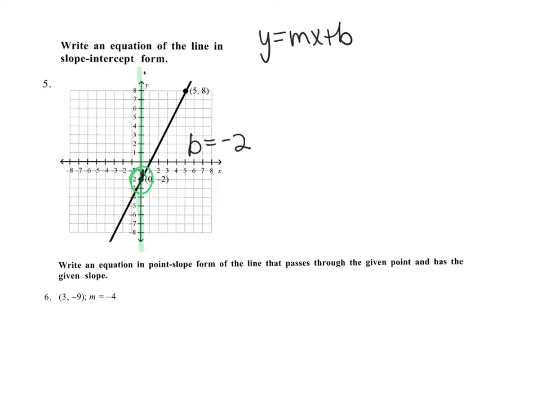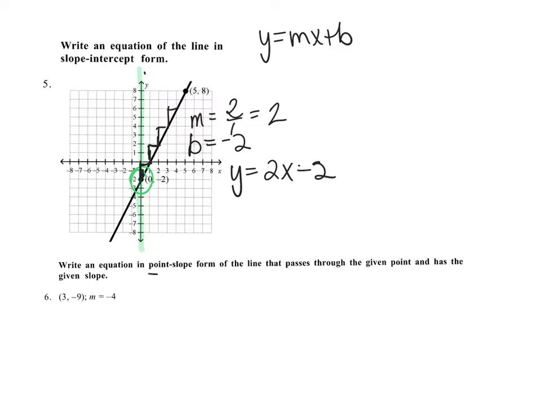Then we need to find the slope, so it's rise over run, and it looks to me like it's up 2 over 1, up 2 over 1, up 2 over 1, so m is 2 over 1, which is 2. So to write that equation, it's y equals 2x minus 2.